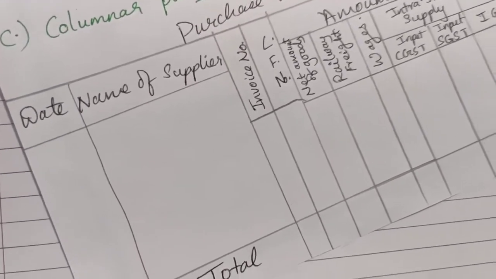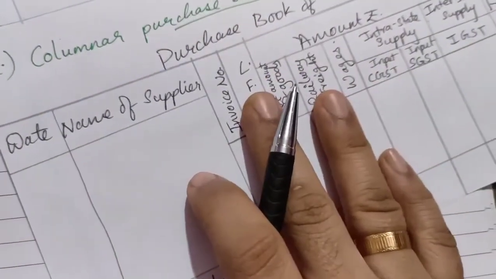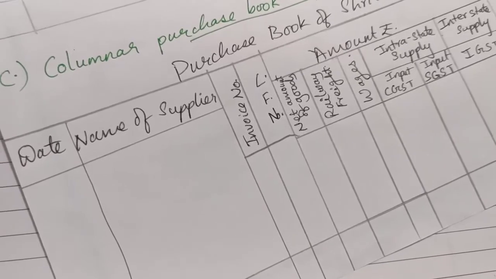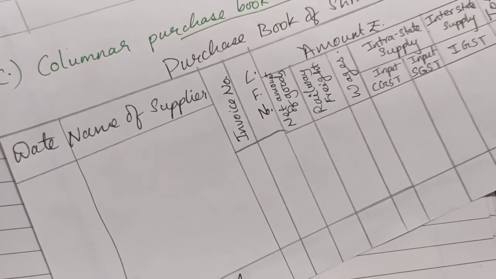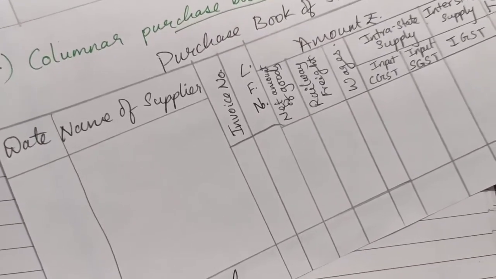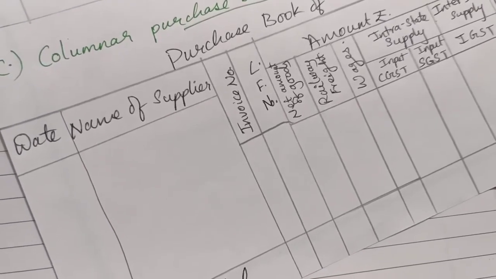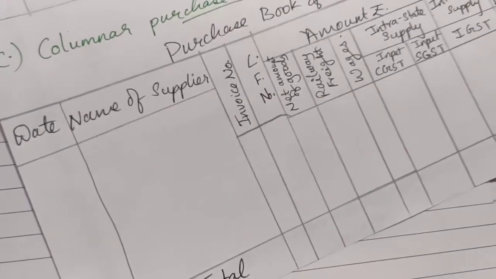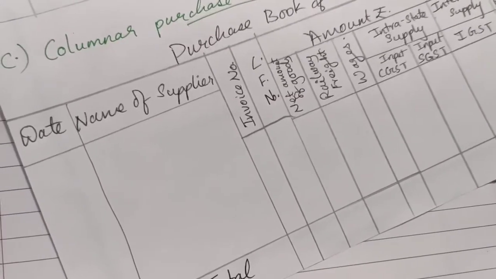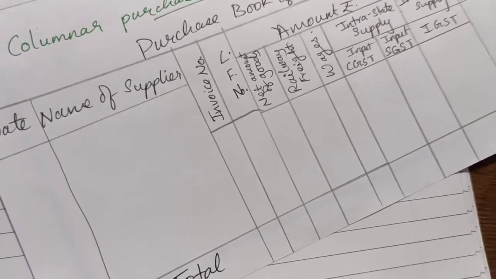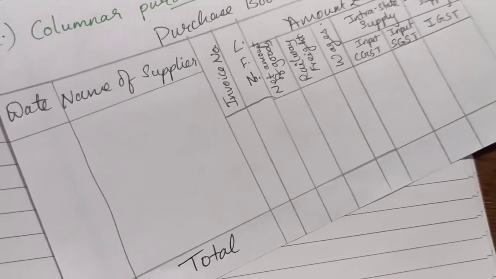Suppose we are writing in the books of Mr. B from Ahmedabad and Mr. V is from Rajkot. So on 25th January, goods purchased of rupees 10,000 at 10% trade discount from Mr. V of Rajkot, rupees 500 for labor and rupees 400 for railway freight are disclosed in his bill 239.